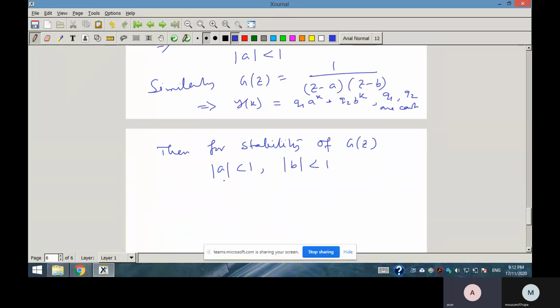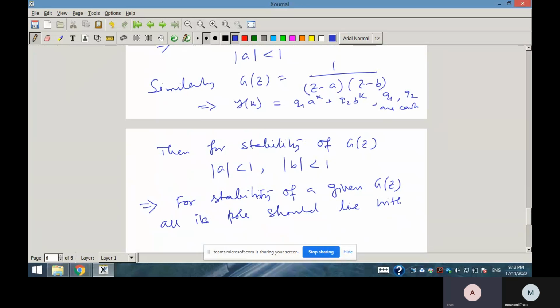So we can at least say that for stability of a given Gz, all its poles should lie within the unit circle.